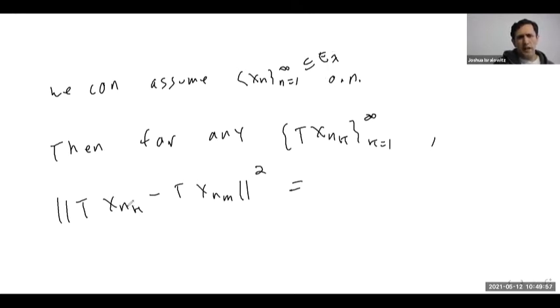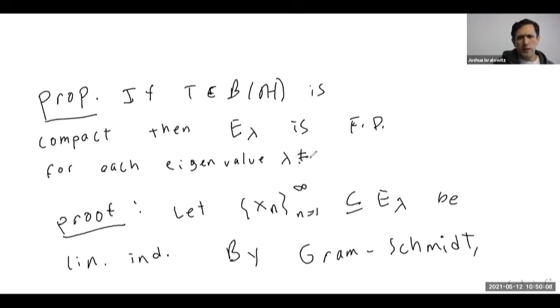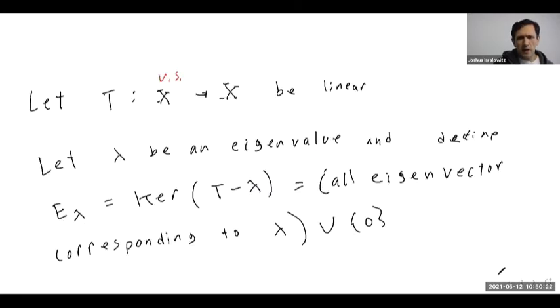So x_k is either 0 or an eigenvector corresponding to lambda. Before I say anything, I have to assume lambda is non-zero, otherwise this is false. So non-zero eigenvalues have finite dimensional eigenspaces. And just like in linear algebra, this is called the eigenspace corresponding to lambda.